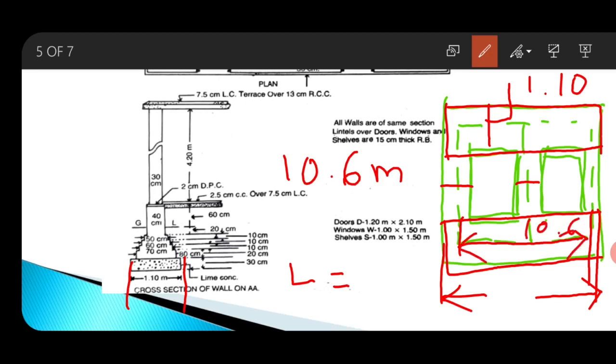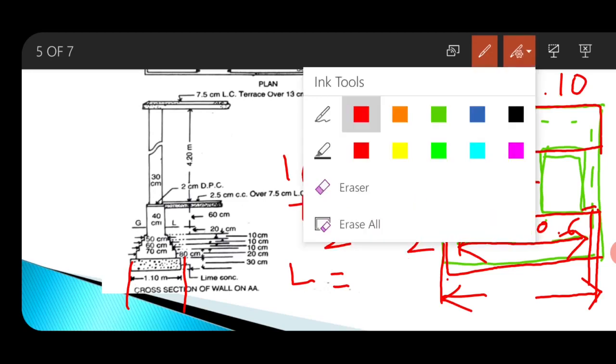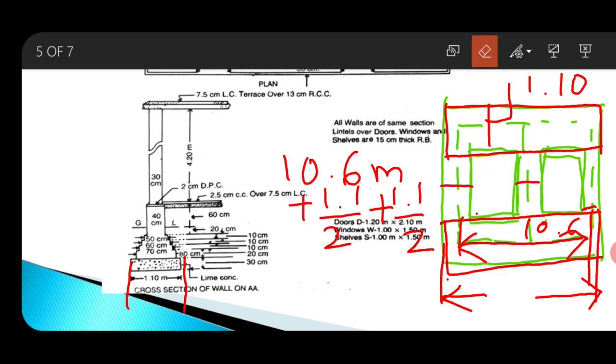Okay, 10.6. So in order to get the out to out dimension of the long wall, this width of the wall is 1.1. So with this center to center length of 10.6, we will add half of the width on both the side. Here the width is 1.1. So when we will add half of the width on both the side, we will get the dimension of the total long wall.